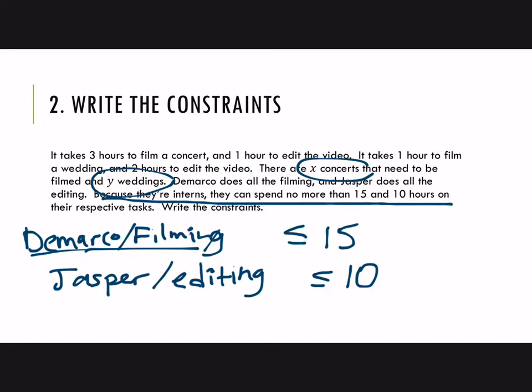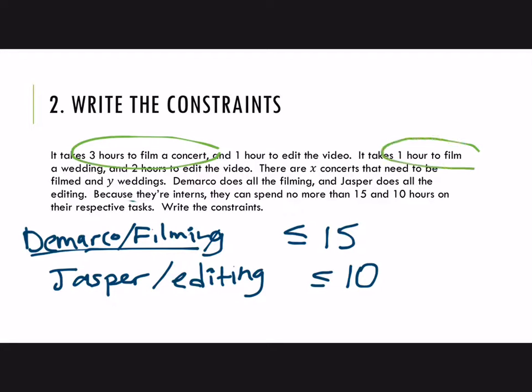Well, if I go back and look through for any information having to do with filming, I find a couple things. I see that it's 3 hours to film a concert and 1 hour to film a wedding. Okay, so there we have it. We've got the time for X, the concerts, and the time for Y, the weddings.